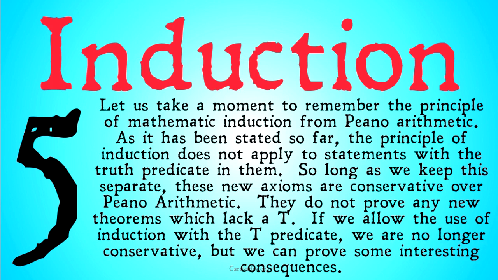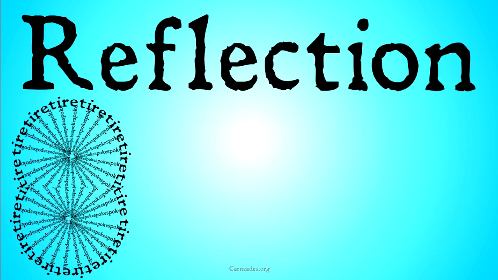So long as we keep these separate, these new axioms are conservative over Peano arithmetic, remembering that conservative means they do not prove any new theorems which lack a T, which is good. But if we allow the use of induction with the T predicate, we are no longer conservative over Peano arithmetic. But we can prove some interesting consequences.